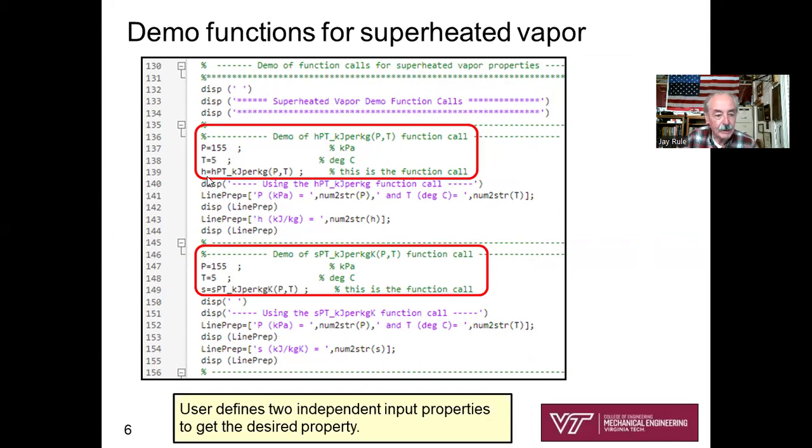Here's my function call, H. That's what I'm calling my MATLAB output variable H. It doesn't have to match the function output. In this case, I'm just calling it H for a demo. I'm calling the function HPT_kilojoules per kilogram with inputs of pressure and temperature. Here's the function call, and then I'm preparing my command window output after that. So you get the idea.